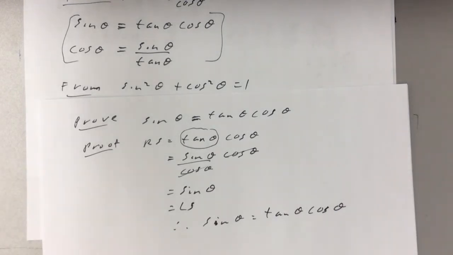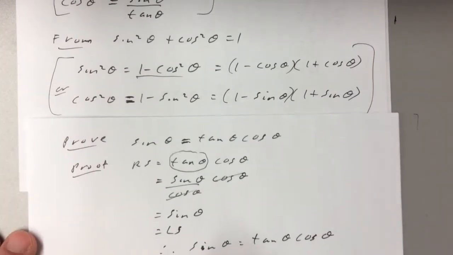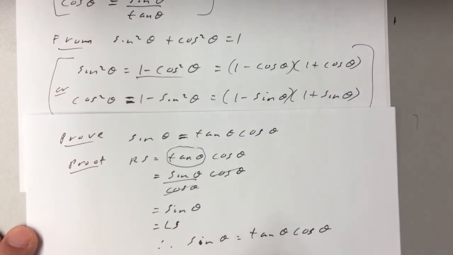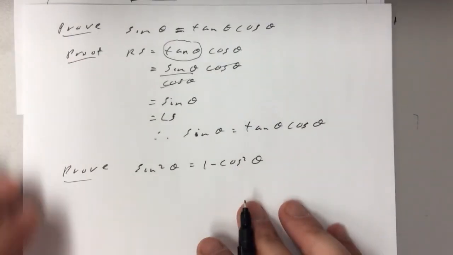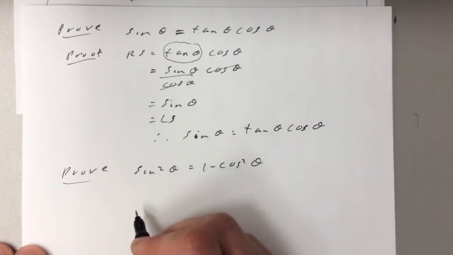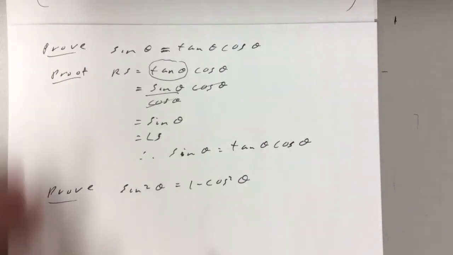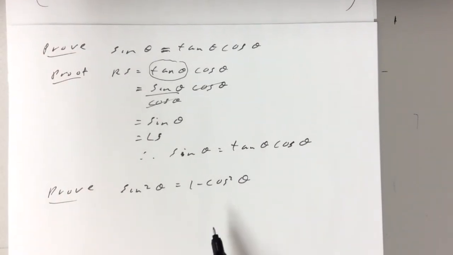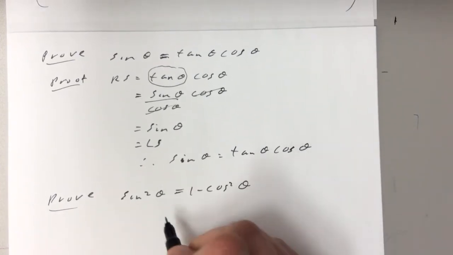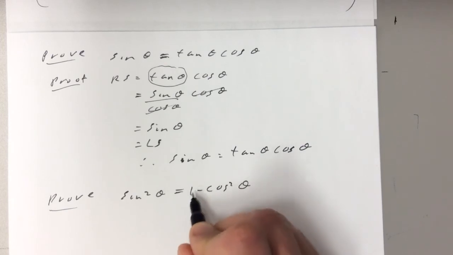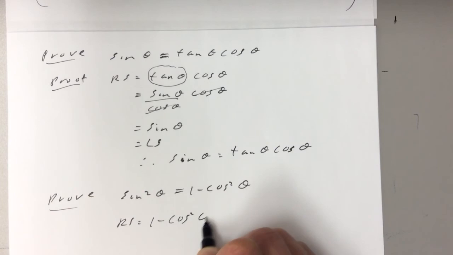And we'll do one more. Let's prove sine squared theta equals 1 minus cos squared theta. So I'm going to start from the right side here. The right side equals 1 minus cos squared theta.